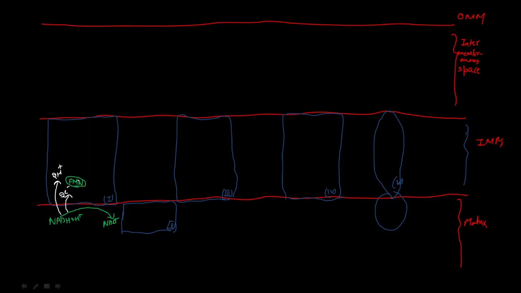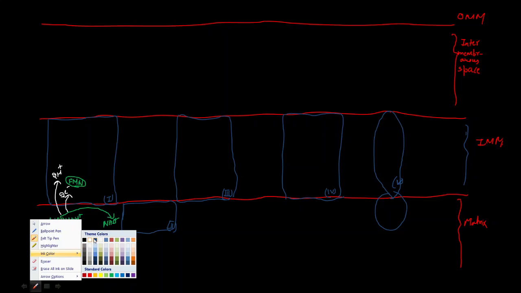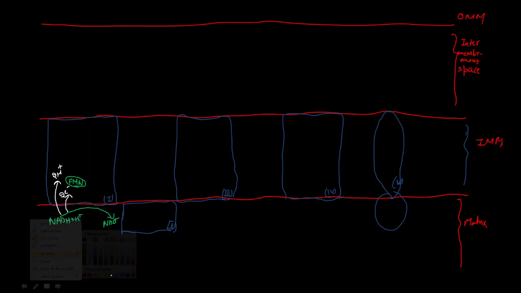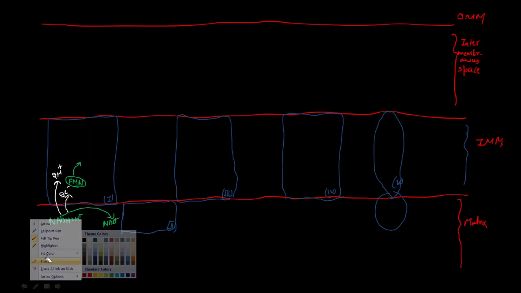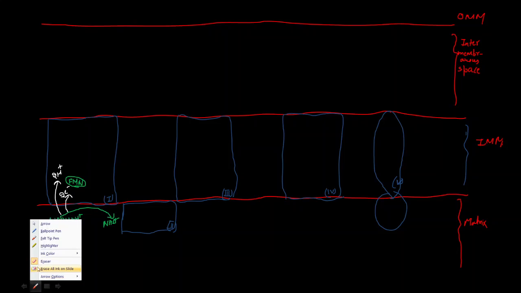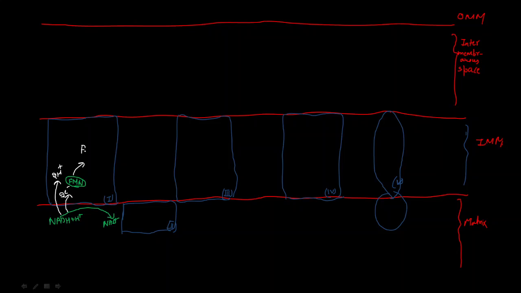Eventually, this FMN, since it is an electron carrier, is going to take up the electron and pass it on to another electron carrier, that is your iron sulfur.